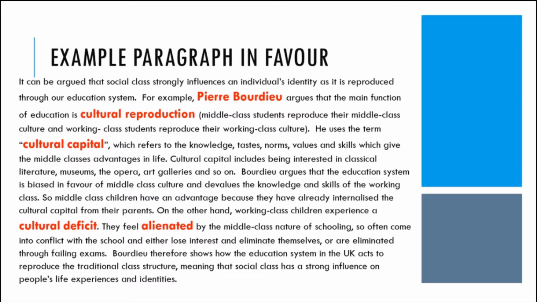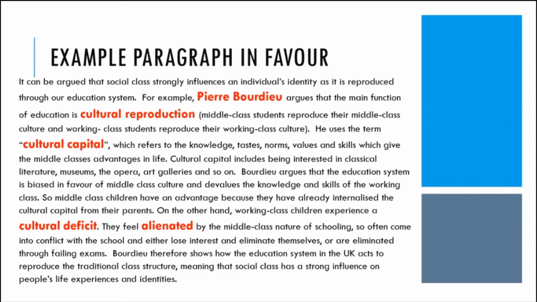And the evidence, as mentioned, is Bourdieu's arguments, and the student has used some concepts such as cultural reproduction, cultural capital, cultural deficit, and the idea of alienation, that working class people feel alienated by the middle class nature of schooling. So this represents the evidence, the E, and the explain, the second E of the Peel structure for the paragraph.